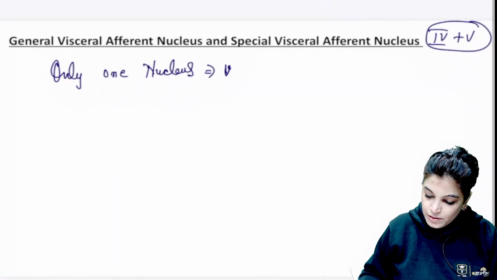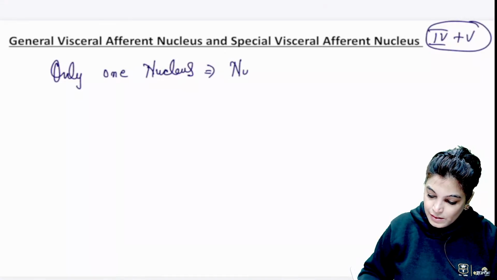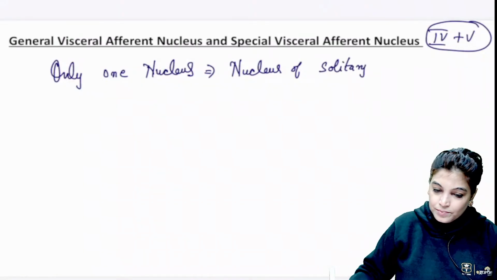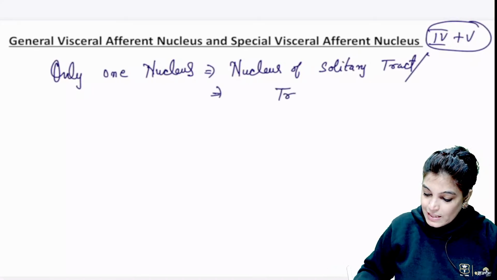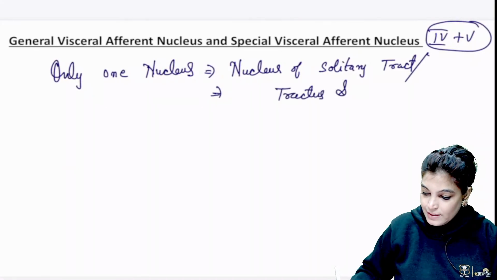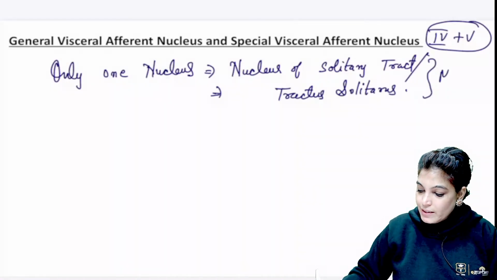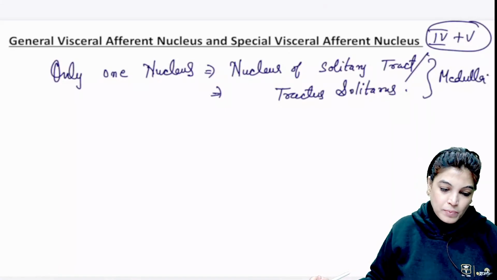The name of that nucleus is the nucleus of solitary tract, also called tractus solitarius. This elongated nucleus is also located in the medulla, both open and closed part.